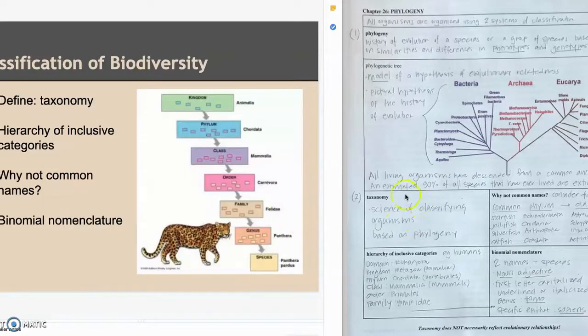The science that actually gives organisms names is called taxonomy. And it's just the science of actually classifying organisms. And it's based on phylogeny. Now, it should be noted, and I even wrote it down here in bold, taxonomy doesn't always reflect evolutionary relationships because we're not always right.